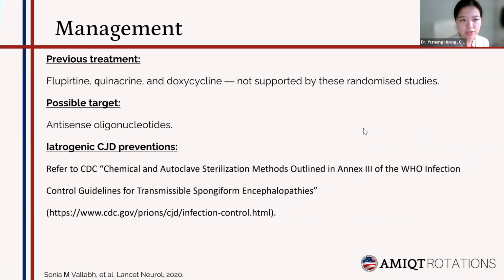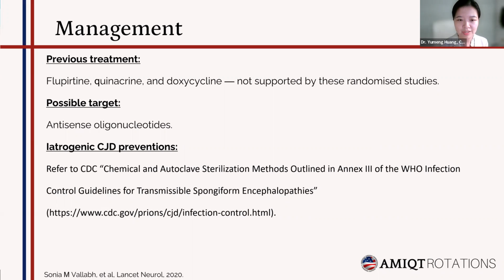Now, a possible target has been focused on antisense oligonucleotide therapies, a kind of genetic therapy. We can introduce the ASO into the cells to silence the expression of the pathologic proteins, but this is still in study.